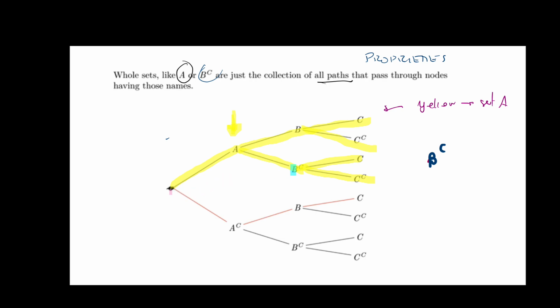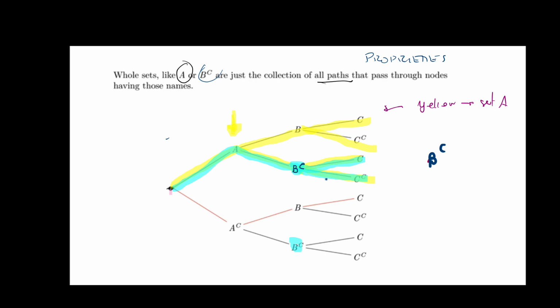Where do I have B complement? Well, I have a B complement here, and I have a B complement there. So again, it's the sum of all paths that pass through the set. Do you agree that this blue path passes through B complement here? Let me write this a little bit, it's not visible. So this path here passes through B complement.